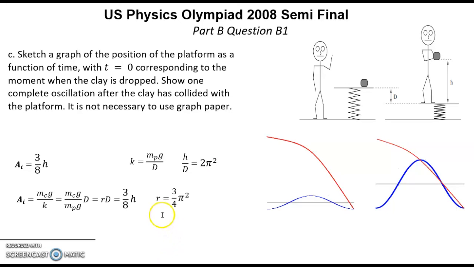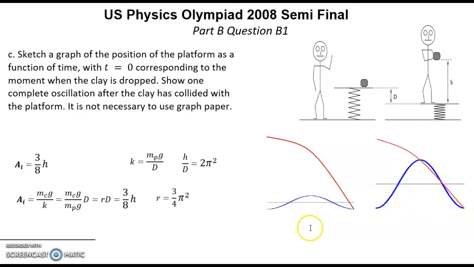So it means that for a ratio between the mass of clay and the mass of platform equal to 3 over 4 pi squared, the first time the clay will meet the platform is in the highest position. After that it will cross the platform somewhere, and later it will meet the platform in the lowest point.